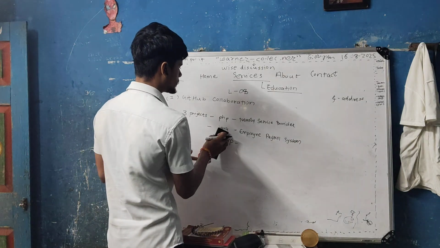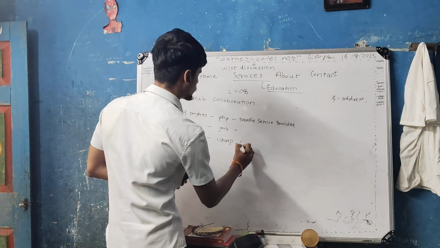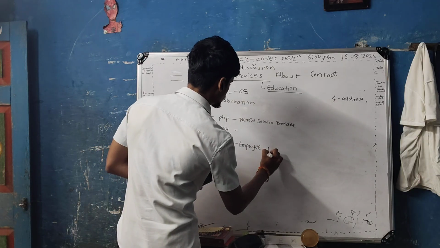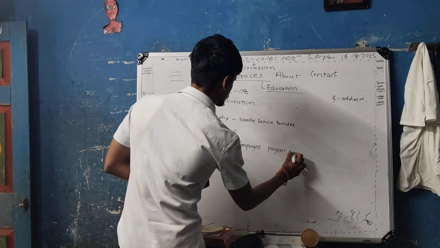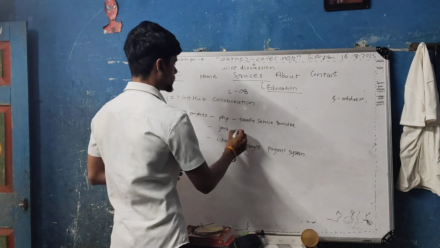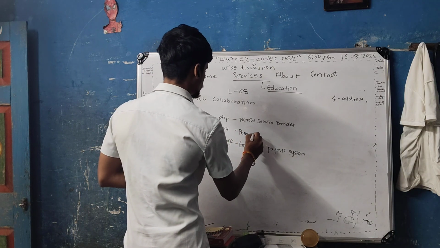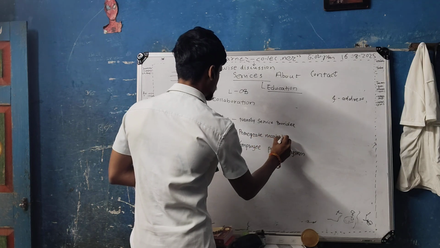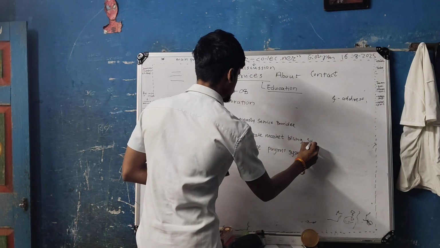Employee payroll system is the project made in C Sharp. And in Java, there is one pomegranate market billing system.